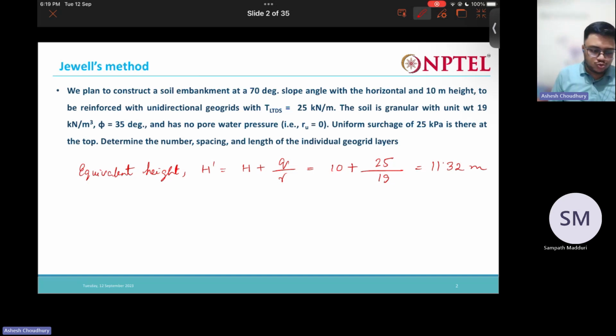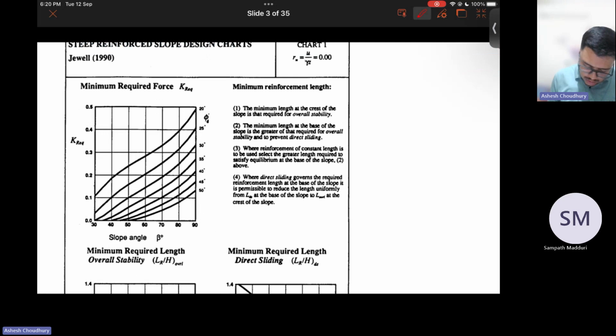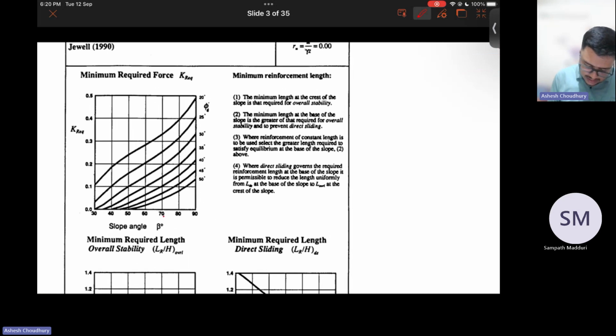Now what we need to do is get our lateral earth pressure coefficient. How can we get it? For that, we will make use of the design chart given by Jewel. What is the slope angle? Our slope angle is 70. And what is the friction angle of the soil?